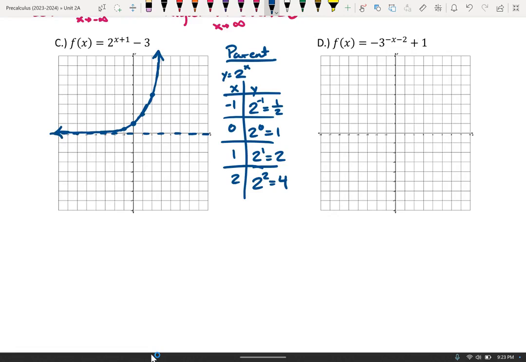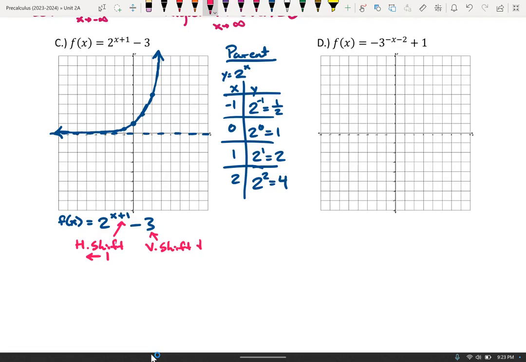So let's go ahead and identify our transformation. So we have f of x equal to 2 to the x plus 1 minus 3. So we have two different transformations here. I have my horizontal shift. Now that's going to be to the left, one space. And then here I have a vertical shift.